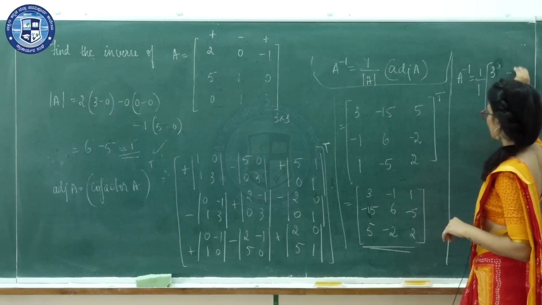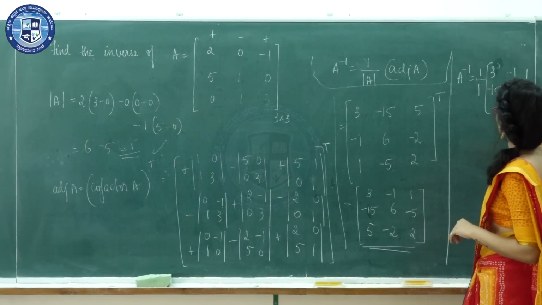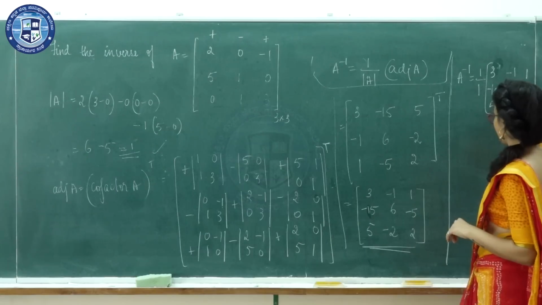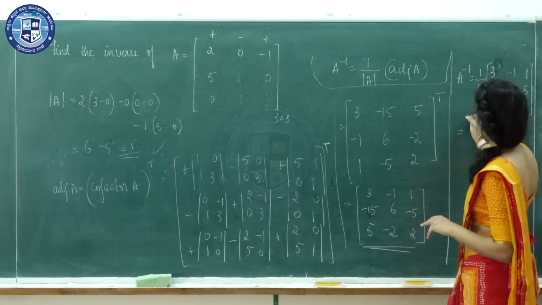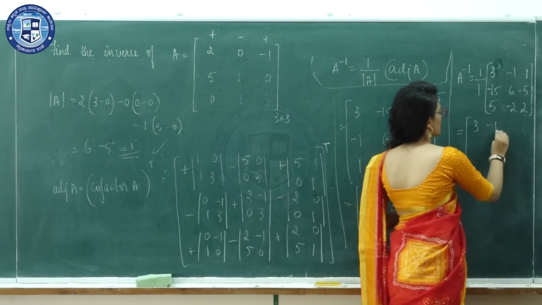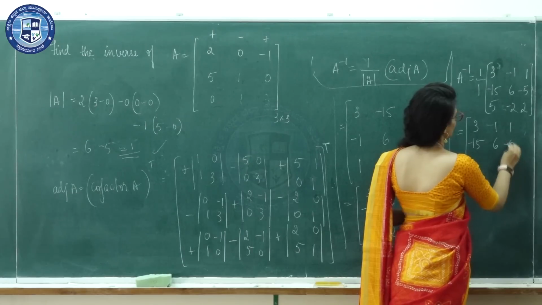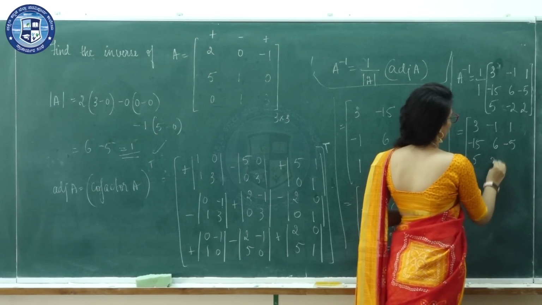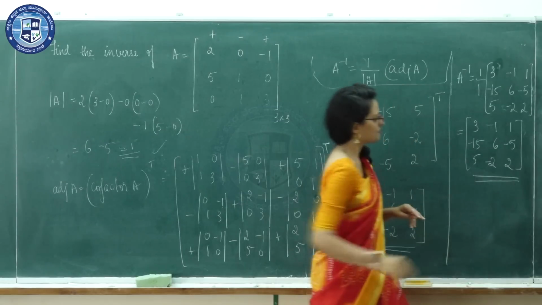So after multiplying, we get the matrix 3, minus 1, 1, minus 15, 6, minus 5 and 5, minus 2, 2. So this is our answer.